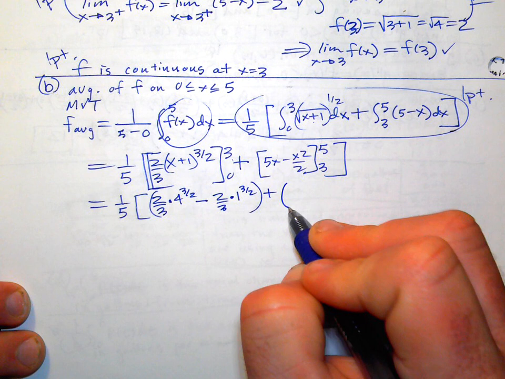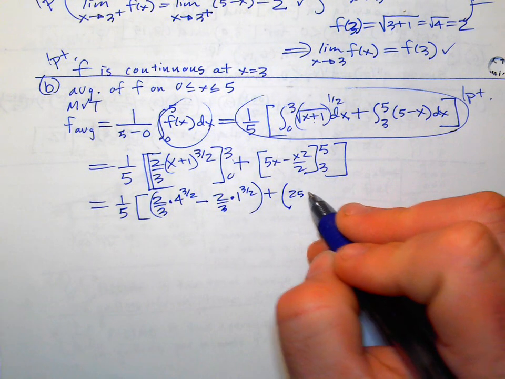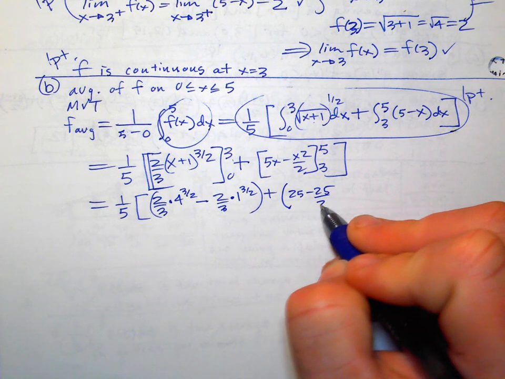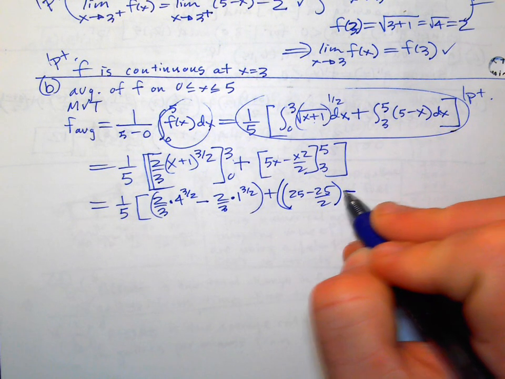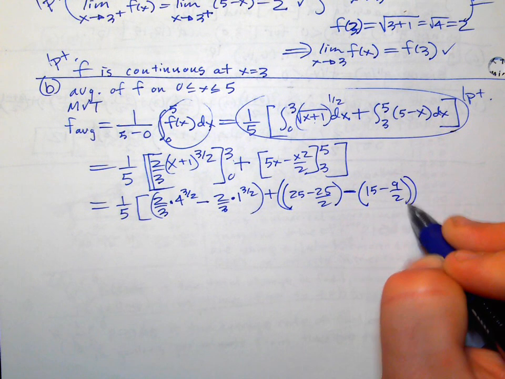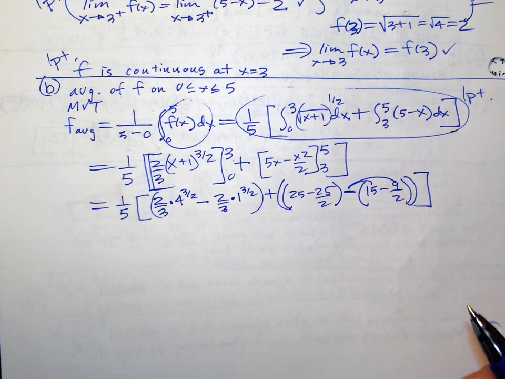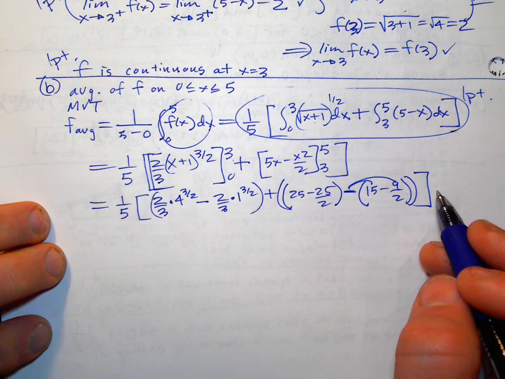Plus, here we're going to plug 5 in, we're going to get 25 minus 25/2 minus 15 minus 9/2. Now be careful, you have to distribute this subtraction or combine them together first.